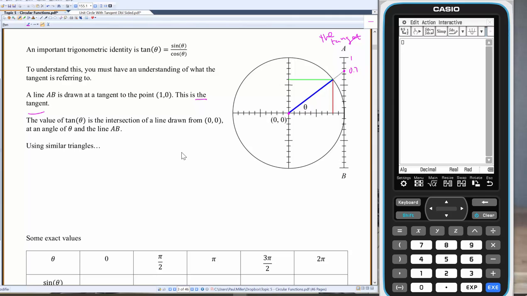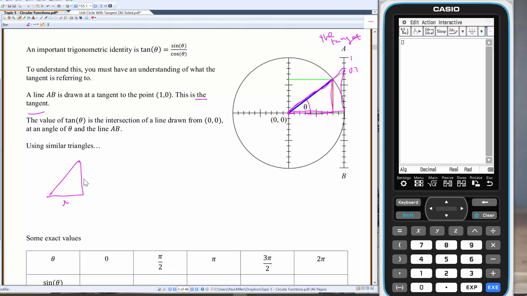So how to know what it is then? Well, I've got this big triangle here, and what I know is this angle here will be the same using this side here and this side here and this side here as it would be for this smaller triangle, this one here.